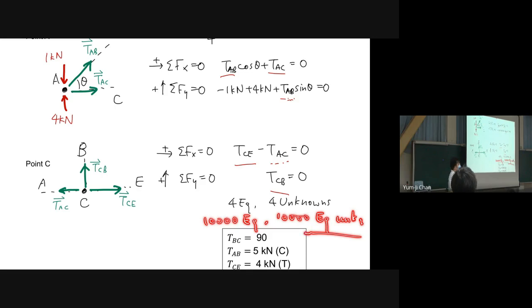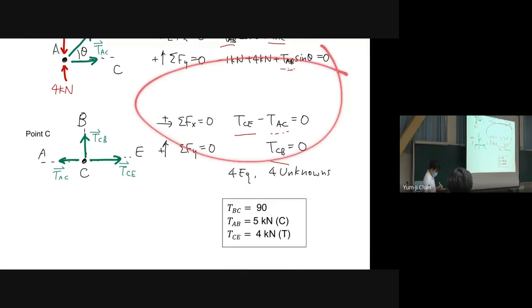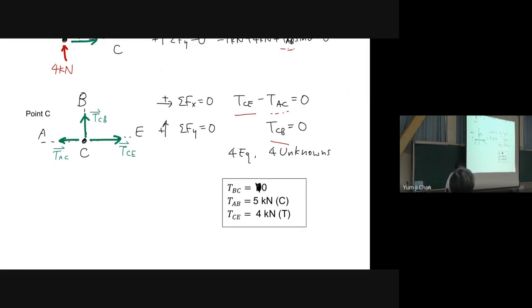So afterwards, let's say we have solved this: TBC is equal to 0. Sorry, I made a typo here. TAB is minus 5 kilonewton, so it is in compression. And TCE is plus 4 kilonewton, so it is in tension.